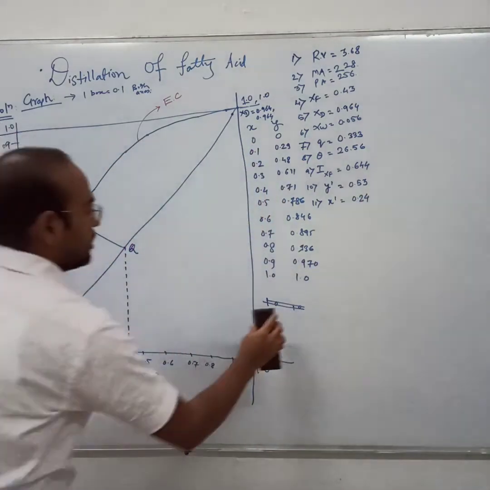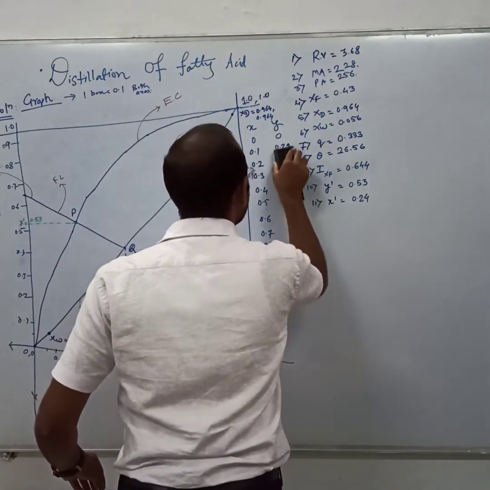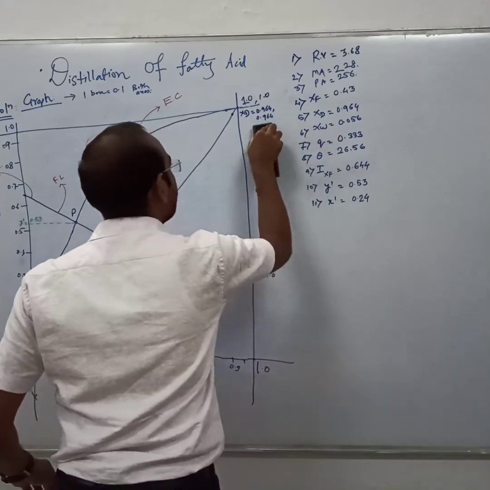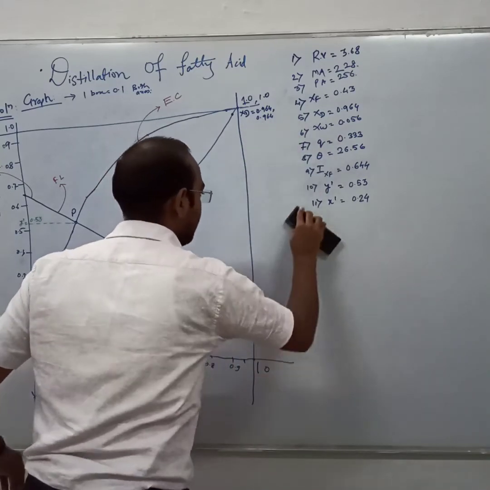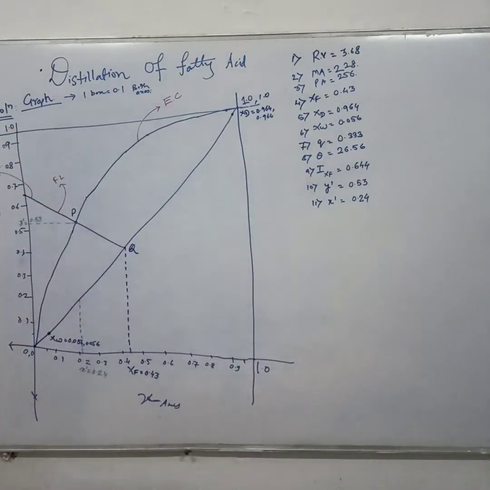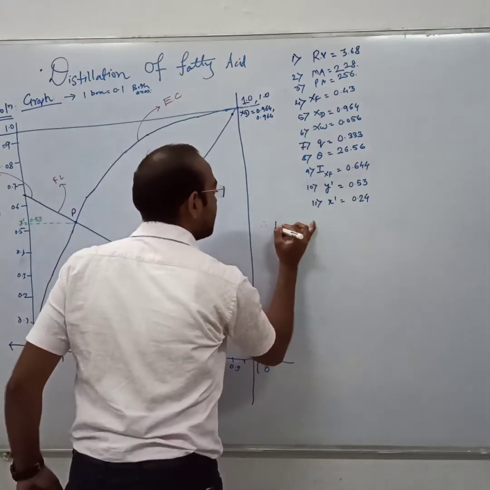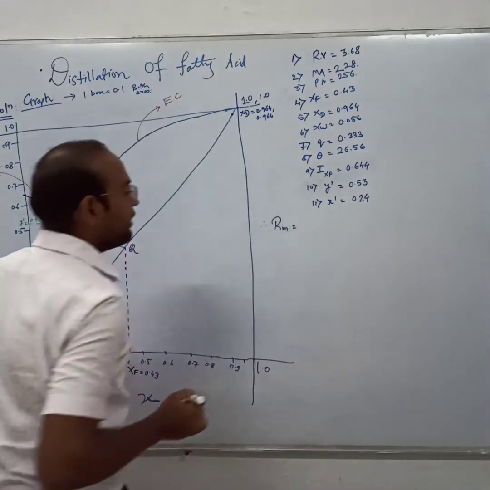Now we don't need this xy data. Your equilibrium curve is already drawn. Now by using these values of x dash and y dash, we are able to calculate our minimum reflux ratio. And how is it calculated?